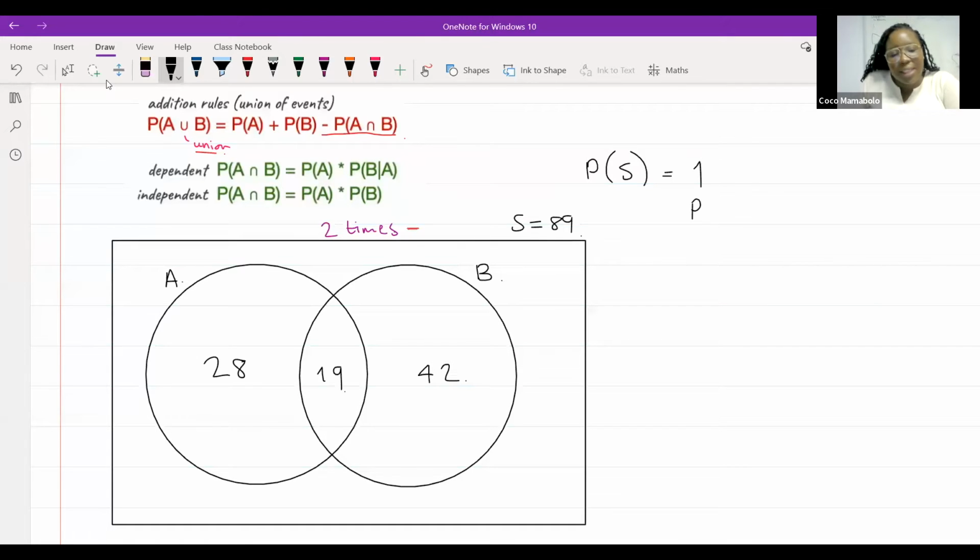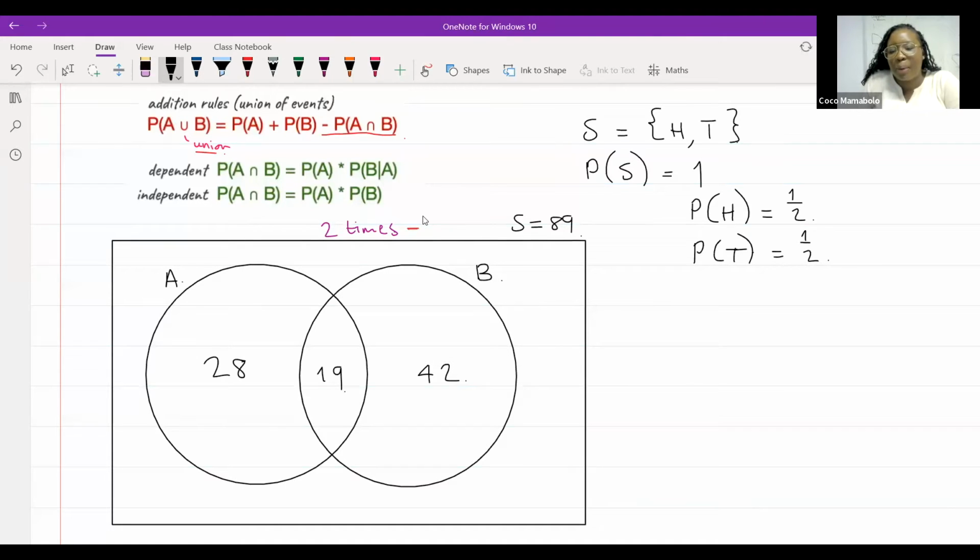Now, let's say I flip a coin. What is the probability that I'm going to get heads? Tell me in the chat. Correct, 0.5 or 1 over 2. What is the probability that I would get tails? Correct, 0.5 or 1 over 2. Now my sample space for this is heads and tails.